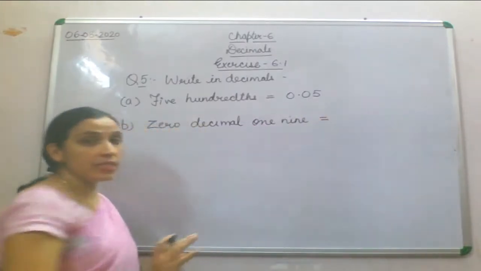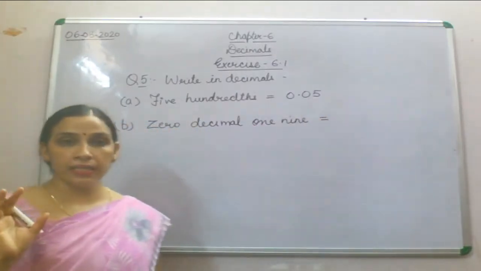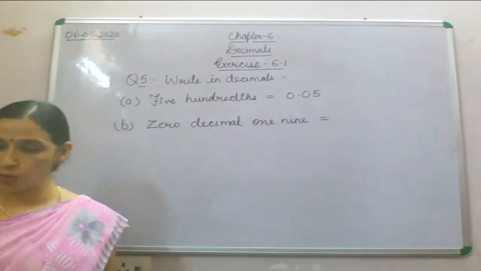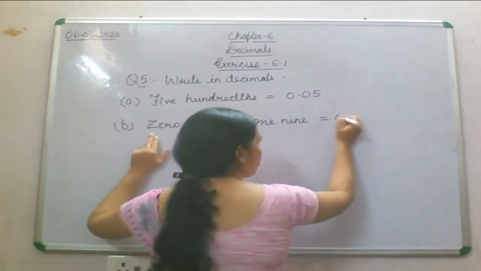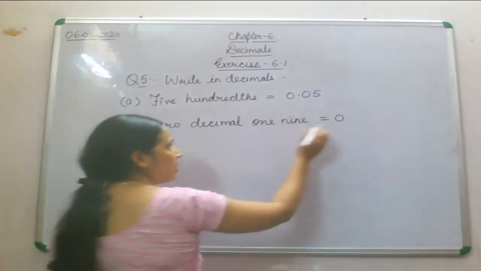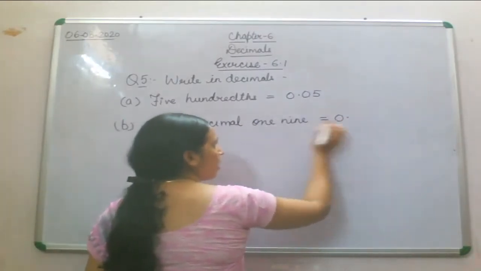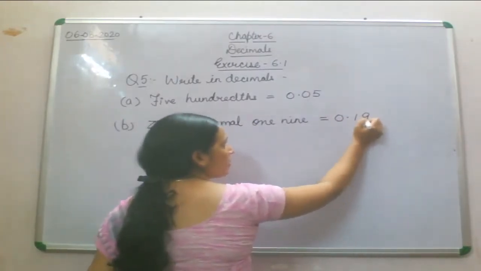So the way it is written, we are going to write it in digits. So that is 0. Then we put a decimal, then 1 and then 9. Quite simple.